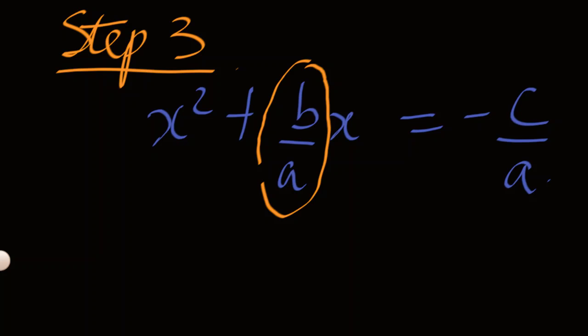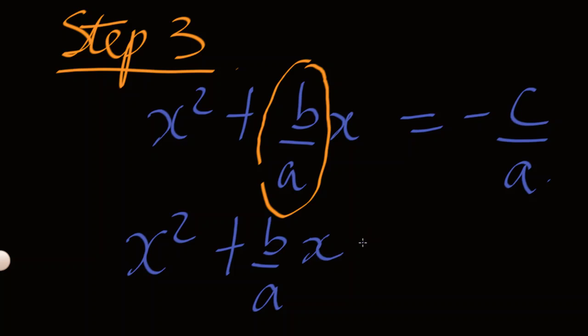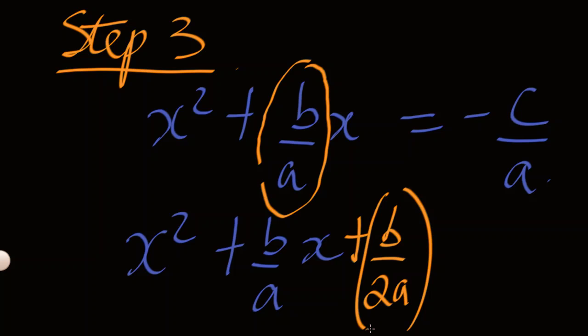So let me do that. I have x squared plus b over a x plus, this is what I'm adding, b over 2a squared.